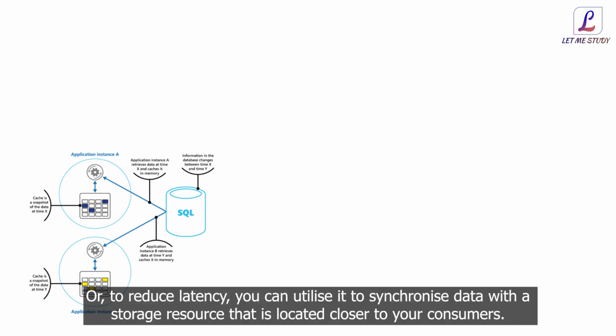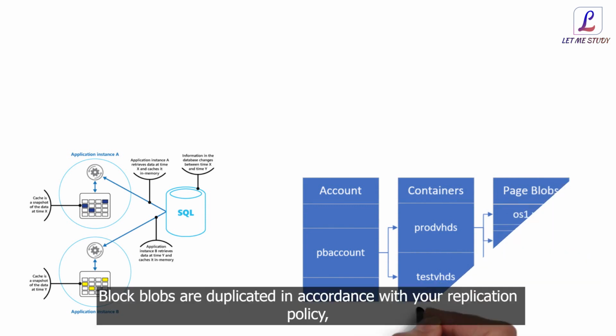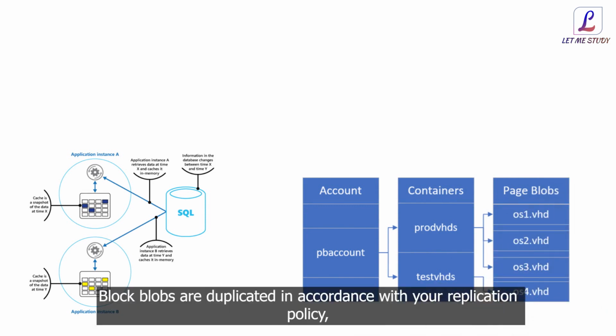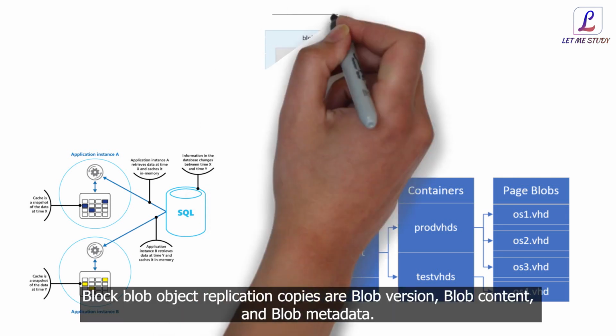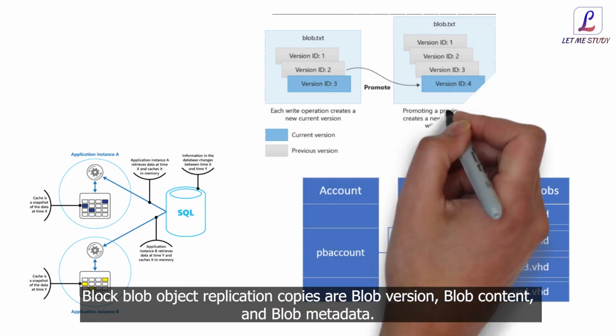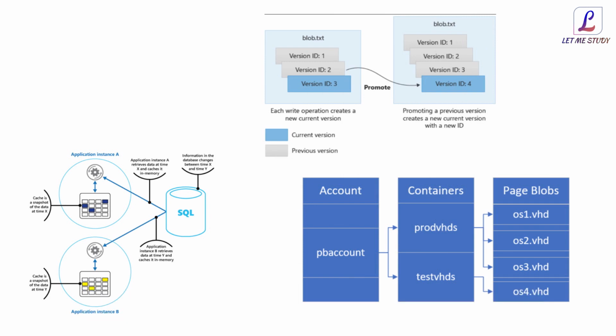Or to reduce latency, you can utilize it to synchronize data with a storage resource that is located closer to your consumers. Blobs are duplicated in accordance with your replication policy, which outlines which blobs should be replicated as well as the source and target Azure accounts and containers. Blob object replication copies blob versions, blob content, and blob metadata.